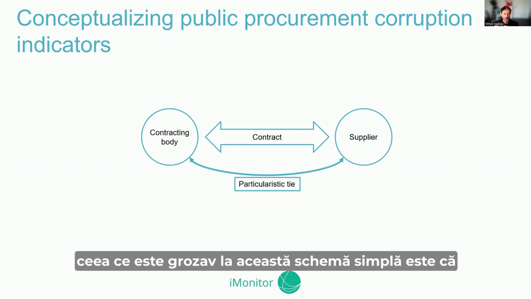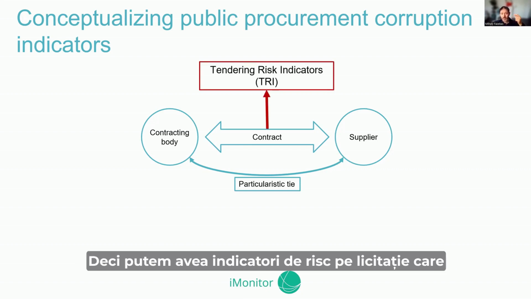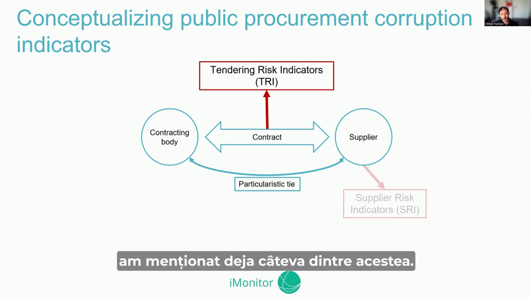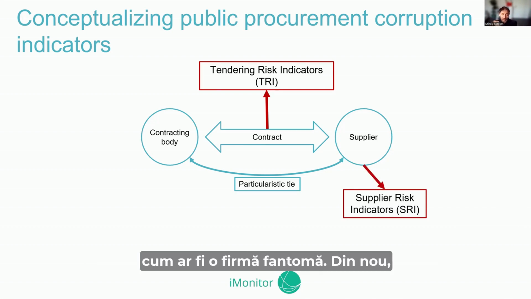So what's great about this simple schema is that we can have corruption risk indicators tracking corruption activities, behavior, strategies in each of these four domains. So we can have tendering risk indicators, which look at the biases in the tendering process. I mentioned already a few of these. We can have supplier risk indicators like a shell company. This again, I mentioned.